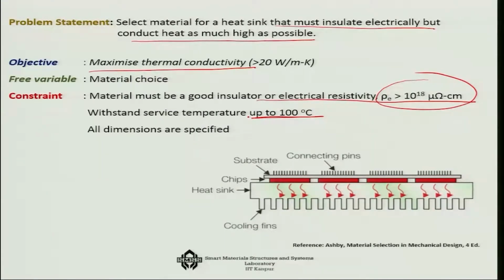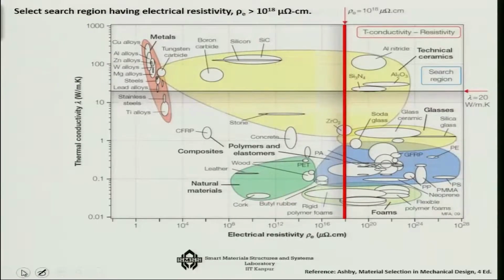With these conditions we can directly use the Ashby charts. We need a plot of electrical resistivity on our x axis and thermal conductivity on our y axis. What we want to do here is maximize the thermal conductivity and also maximize the electrical resistivity, because that means it will be more like an insulating material.